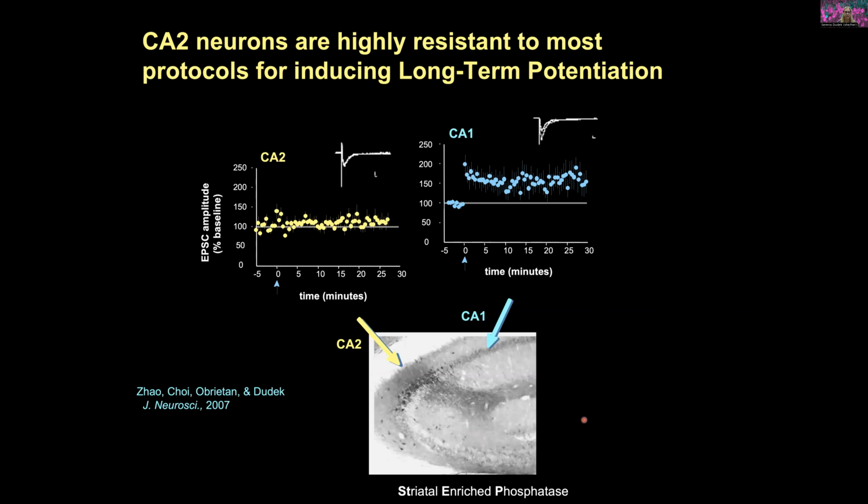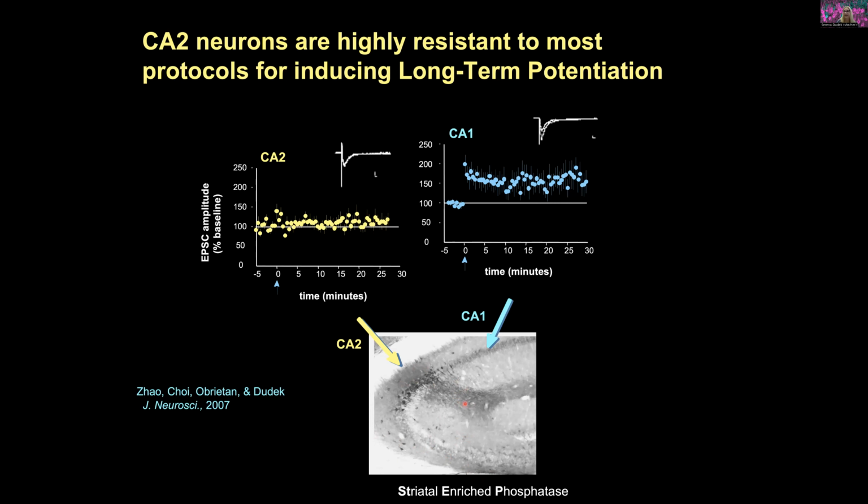Now, we got into this looking at LTP, as some of these molecules were potential regulators of plasticity. No matter how hard we tried, we couldn't get LTP in CA2 compared to CA1. We weren't very sophisticated at the time with filling cells and then staining, but we did have some indication that we were in CA2, and our reviewers, of course, were not kind when they said, how do you know you're in CA2?